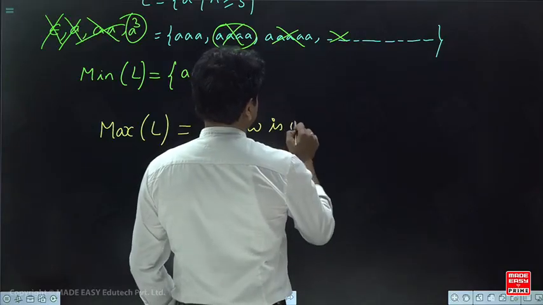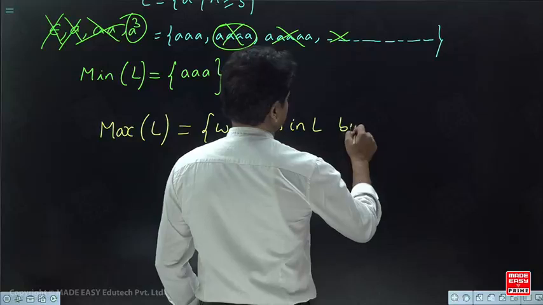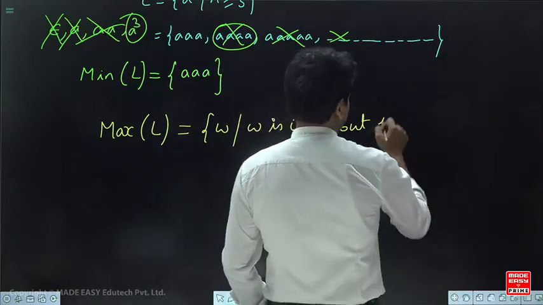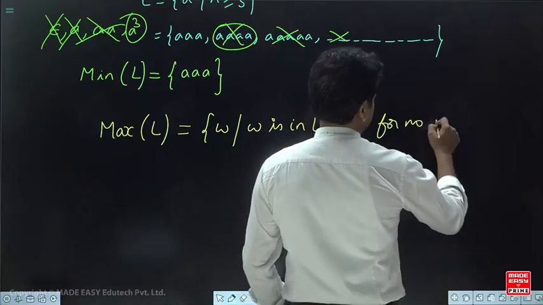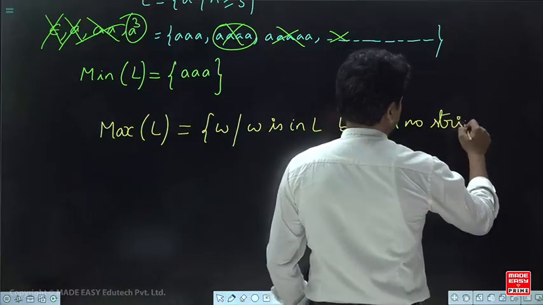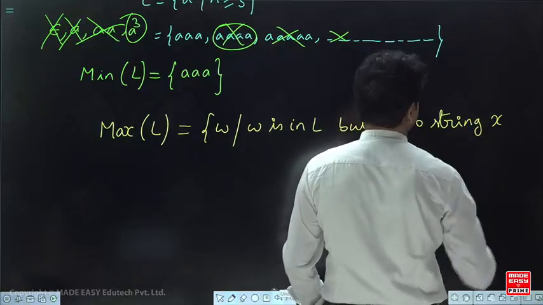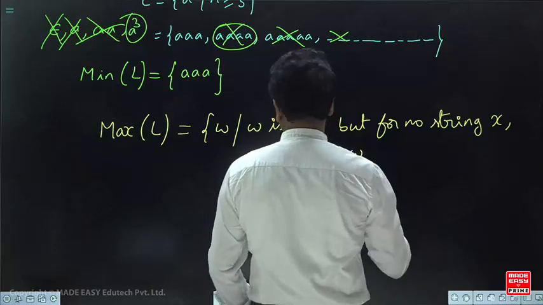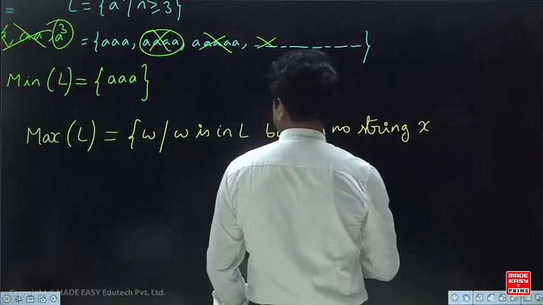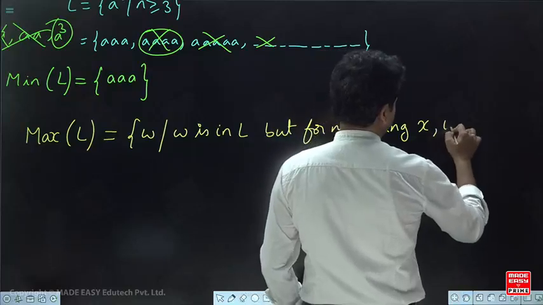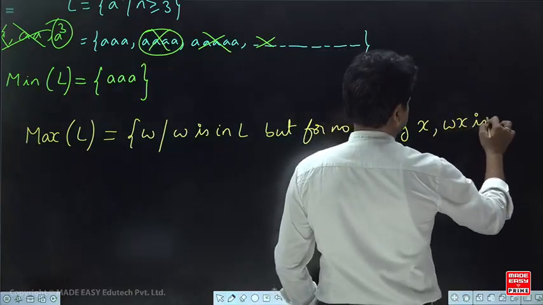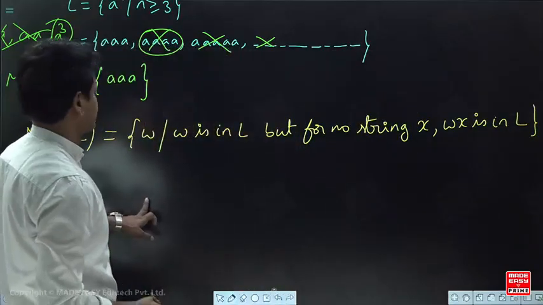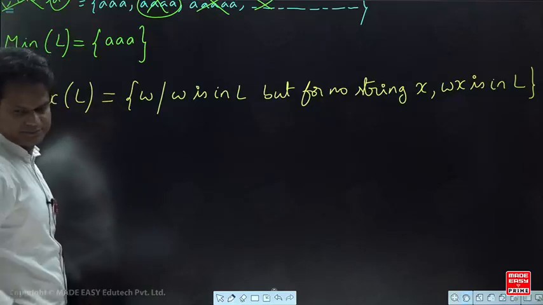W is in L, but for no string x, Wx is in L. Okay, just note down the definition, copy this definition, I will explain.